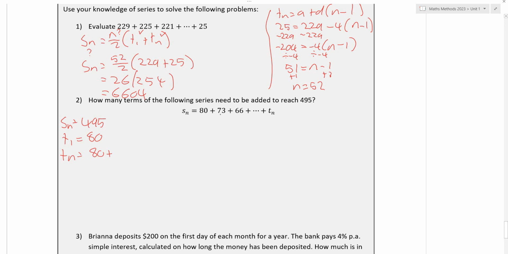Minus 7. So let's make that minus 7, bracket, n minus 1. And Sn is 495. Does what I've said there make sense, guys? That Tn is just 80 minus 7 times n minus 1? That's just what we would do to find Tn if we knew what n was.